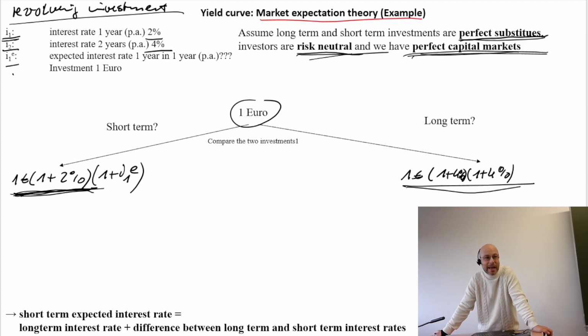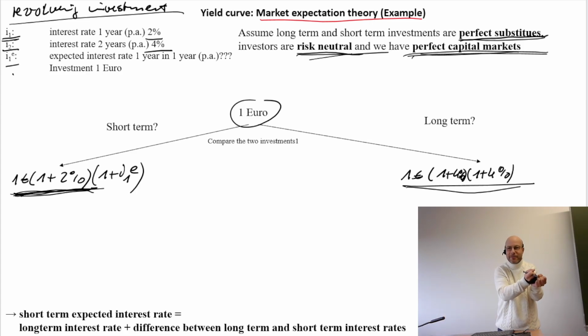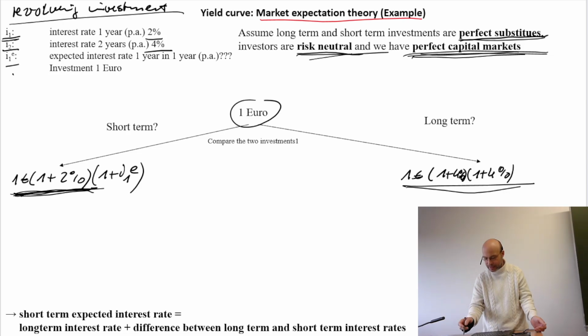But what happens again? If there is a difference in the yields, prices of the bonds of the one or the other side will start to increase. And of course we have again this market equilibrium process, and also we have perfect capital markets.